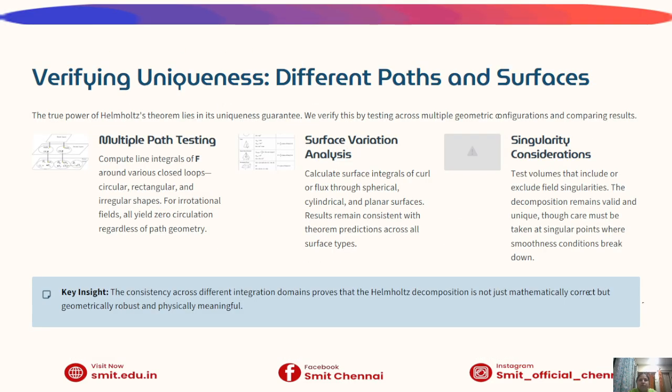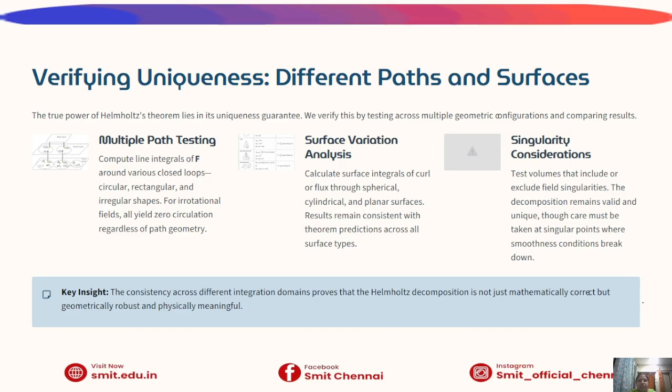Next, we see about verifying the uniqueness over different paths and surfaces. The uniqueness of Helmholtz decomposition can be verified by testing the vector field over different paths, surfaces, and volumes. When the line integrals are computed along circular, rectangular, or irregular closed paths for irrotational fields, the circulation always remains 0.